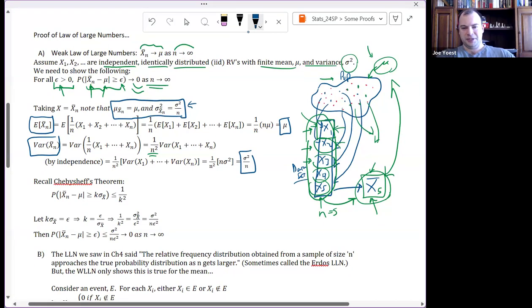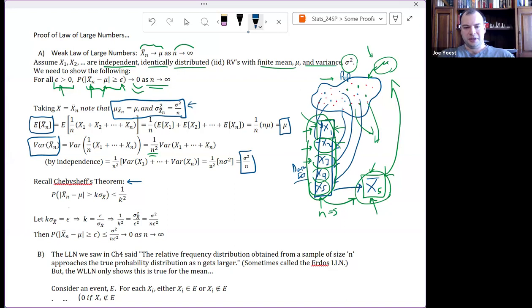Now let's come down to Chebyshev. Remember, Chebyshev says that the probability that a random variable, like my xi minus mu, is bigger than or equal to k standard deviations from the mean, bigger than or equal to k sigma, is less than or equal to 1 over k squared.